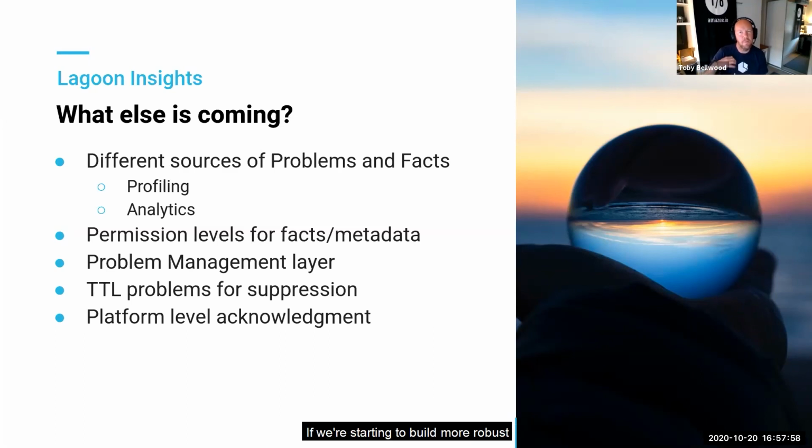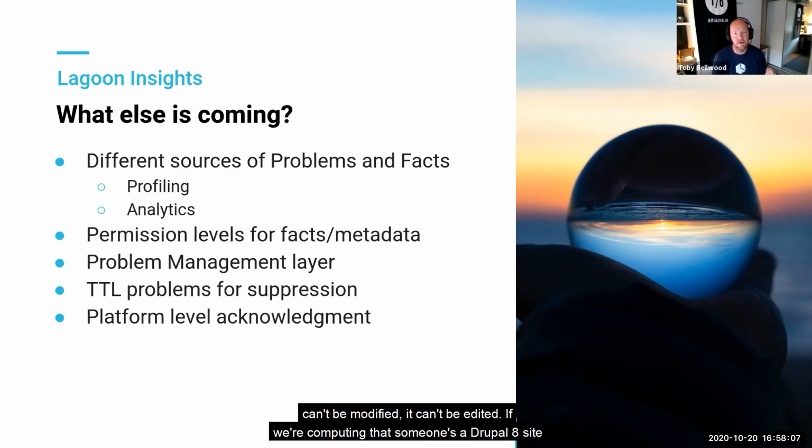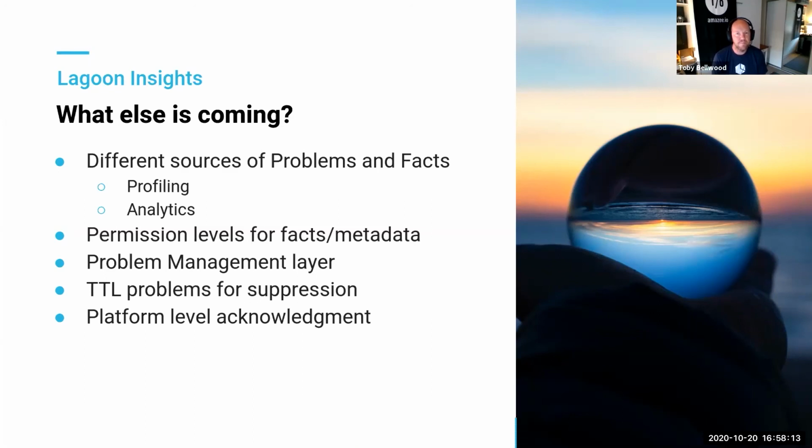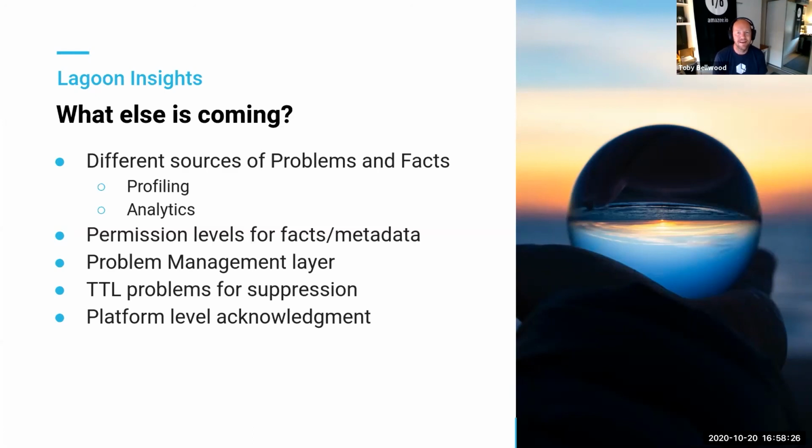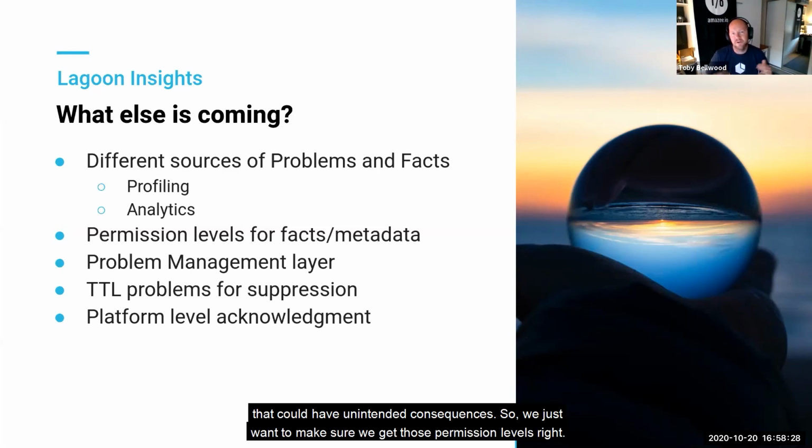If we're starting to build more robust integrations around them, we need to know that some of that data can't be modified or edited. If we're computing that someone's a Drupal 8 site and the customer goes in and tries to change that fact to say they're Drupal 9, in the misguided hope that that alone will upgrade their site to Drupal 9, that could have unintended consequences.